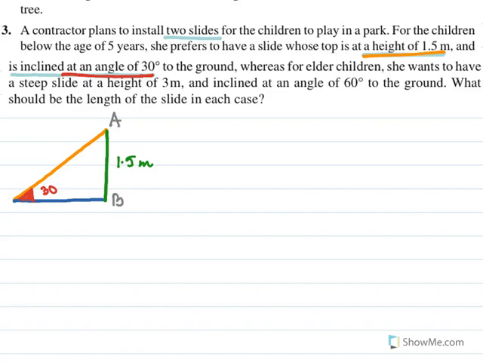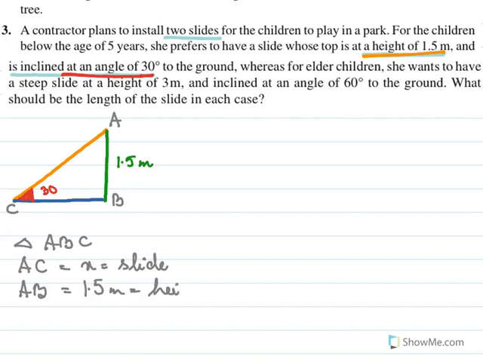So we'll mark this A, B and C. So in triangle A, B and C, AC, which is equal to X and we don't know, represents the slide. AB, which is 1.5 meter, represents the height of the slide above the ground. And BC represents the ground.